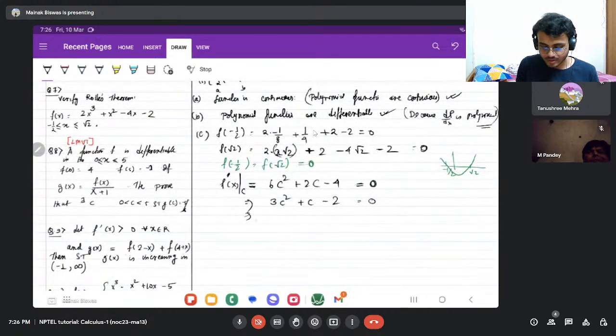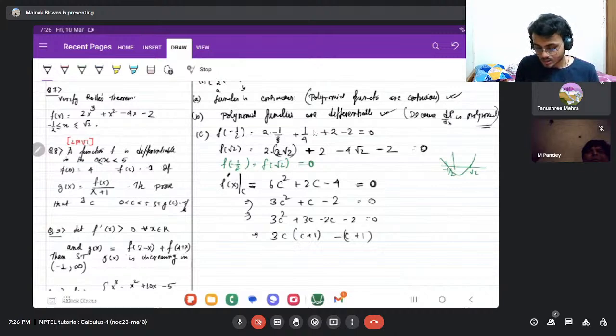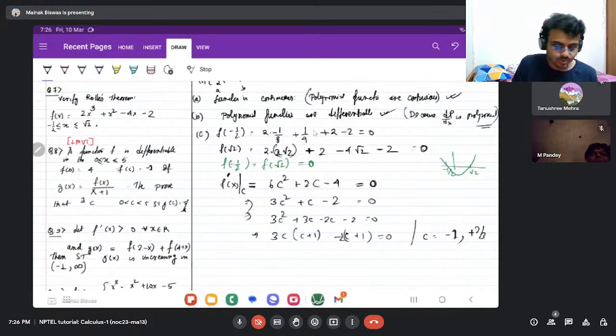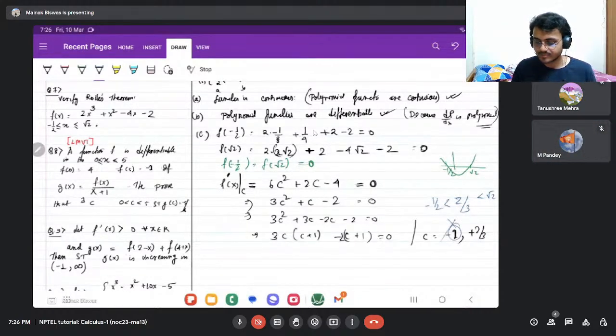So you will have 3c square plus 3c minus 2c minus 2 equal to 0, or 3c(c plus 1) minus 2(c plus 1) equal to 0, or c is equal to minus 1 or 2 by 3. So 2 by 3 is between minus half and root 2, right? Minus 1 is not there, so we can cancel it.